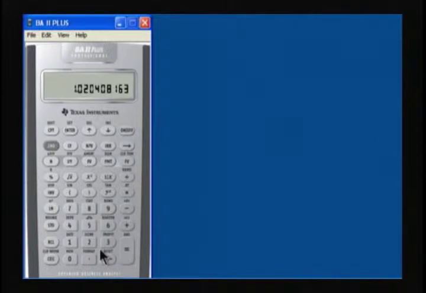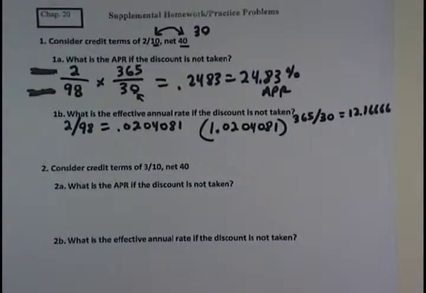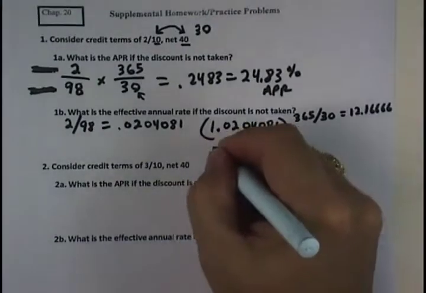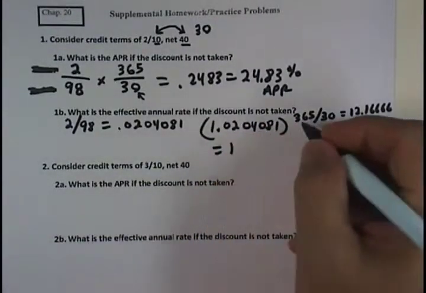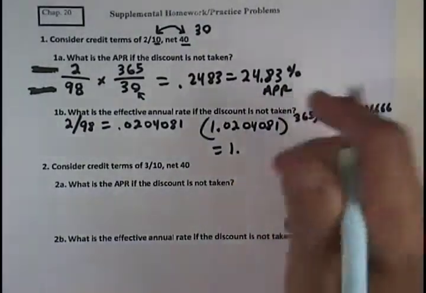My exponent will be the number of 30-day periods in the year. 365 divided by 30 is that 12.1666 repeating, and my result after using the exponent key is 1.2786. Take the 1 back off, and the effective interest rate you would pay by foregoing the discount would be 27.86%.